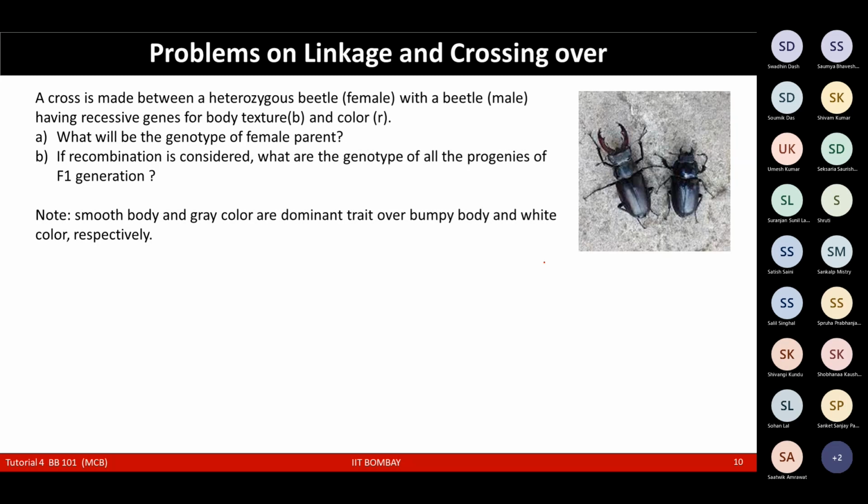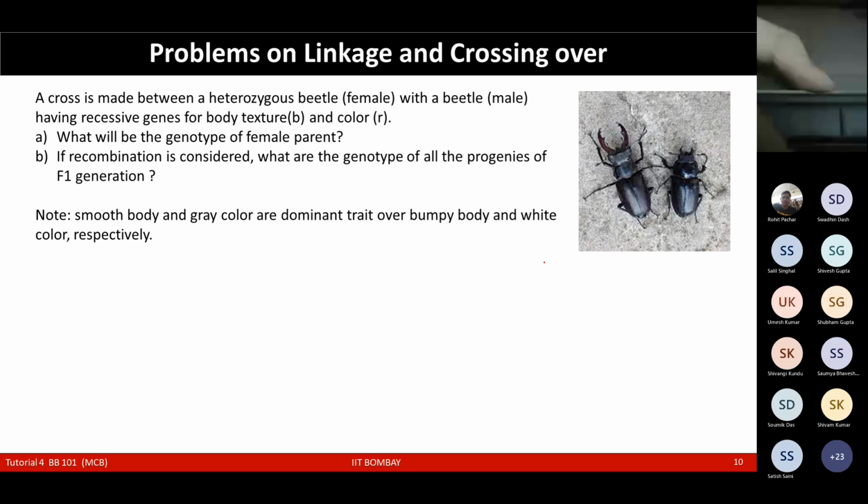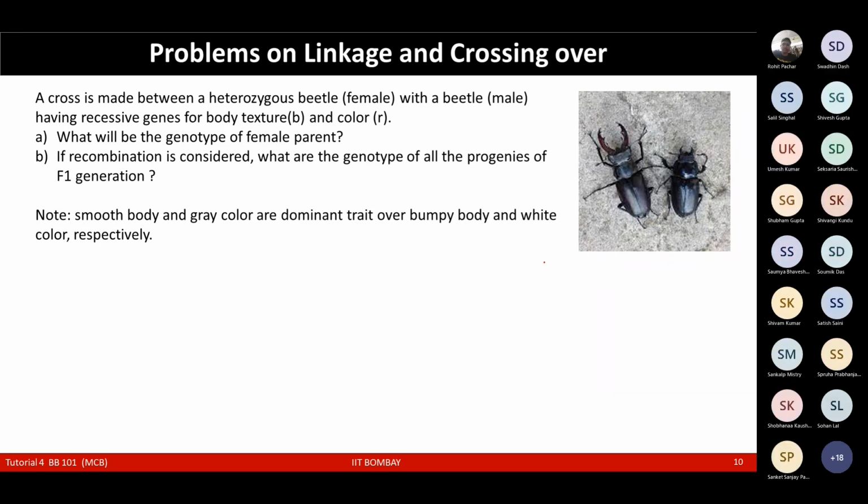Any rough guesses? No, I'm not talking about the number of traits. I'm asking what the genotype will be in terms of B, R, like this. Capital B, small b, capital R, small r. Yes, true. So what is the answer for the second part?